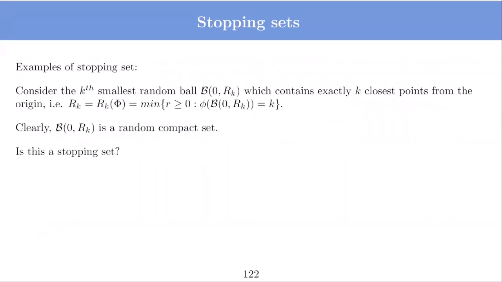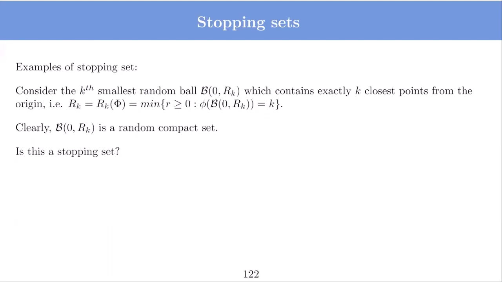Okay, so let's see an example here. Consider the kth smallest random ball, which contains exactly k closest points. So I find the k closest points and I create a ball just touching that, so that there are exactly k points in that ball.